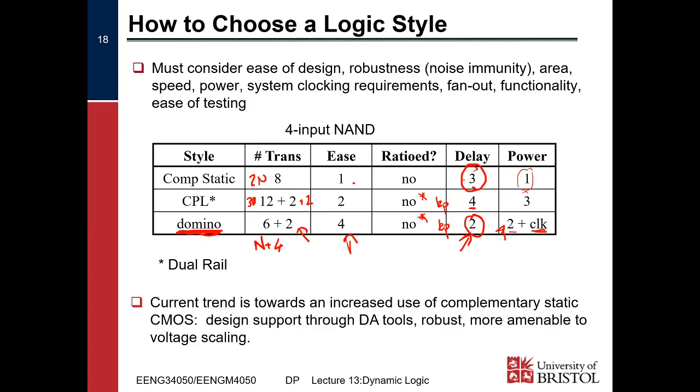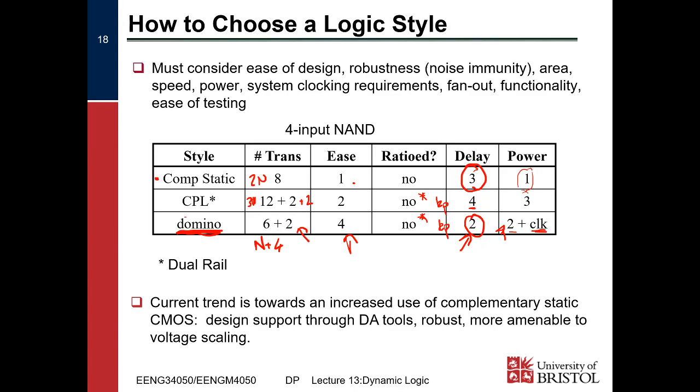Not because they don't want to be fast, they do want very fast branch prediction units, but designing domino logic or dynamic logic which can perform branch prediction, because it's so hard, isn't really feasible. So they don't really have the option of domino logic, and therefore they go for the next best thing in terms of delay, which is complementary static logic, right?